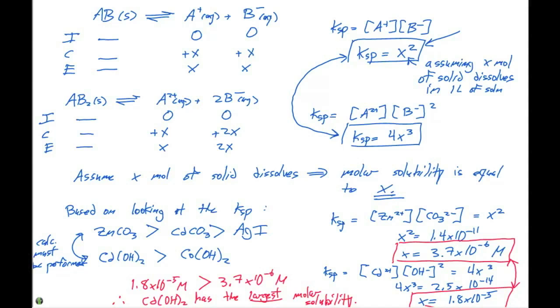A lot of us know that table salt will dissolve when you put it in water. There's a certain saturation point that we can meet. So when I mix 2 solutions together of sodium and chloride, will a precipitate form? When I mix 2 solutions together of zinc and carbonate, when will the precipitate start to form? We're going to compare the KSP versus the Q, and we'll start with that on Friday.